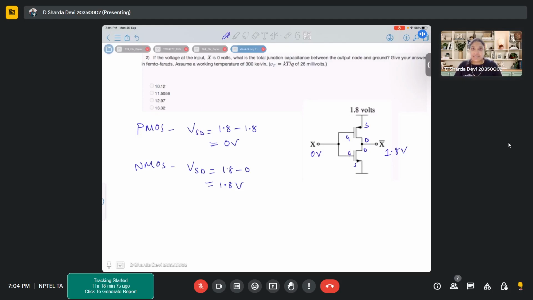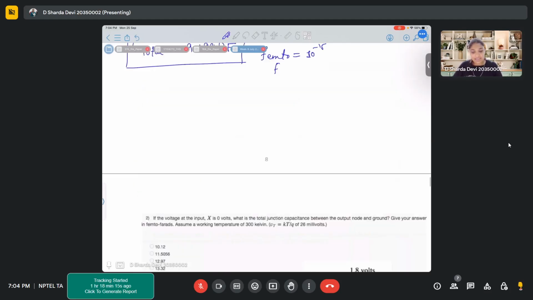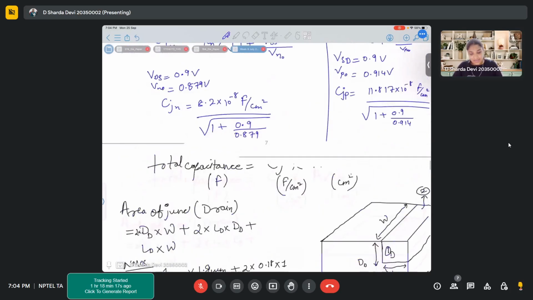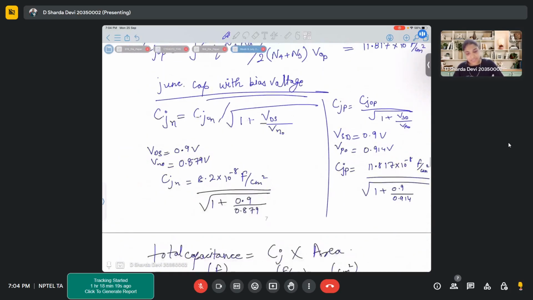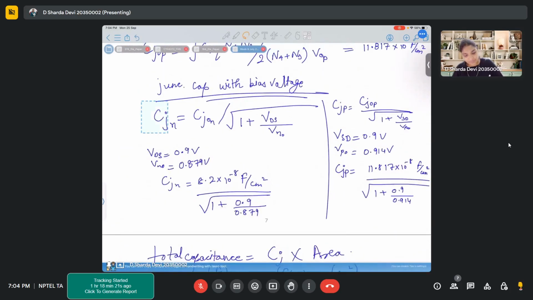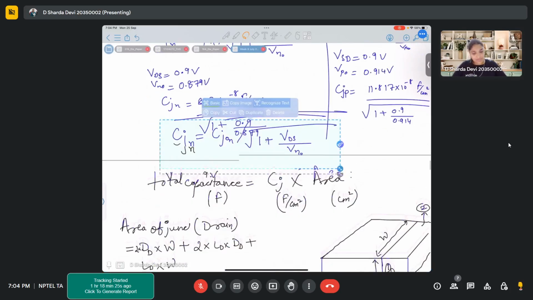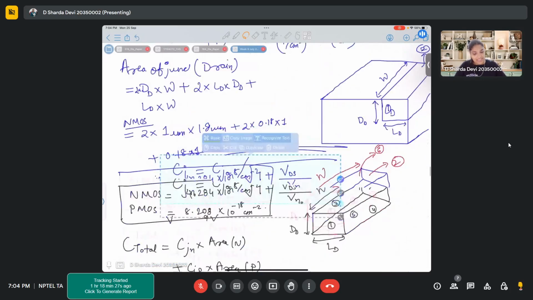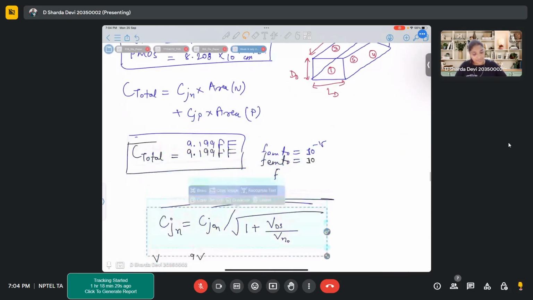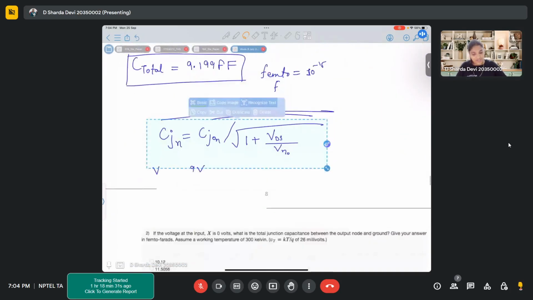So what will change because of these potentials? The value of junction capacitance will change, right? Again, we'll use the same formula. It's just that now the values of VSD and VDS have changed.